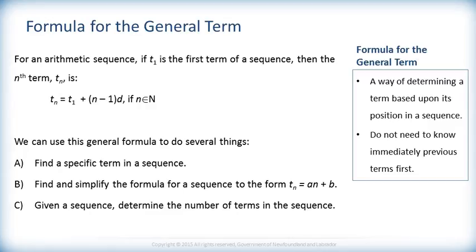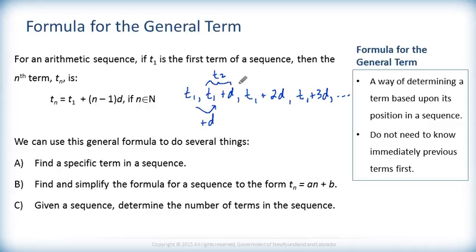Next, we look at a formula for the arithmetic sequence, or any arithmetic sequence. It is this: t sub n equals t sub 1, the first term, plus n minus 1 times d, where n belongs to the natural numbers. Now, where does that come from? Well, an arithmetic sequence starts off with the first term. Then, to get to the second term, term 2, we add a constant difference on.